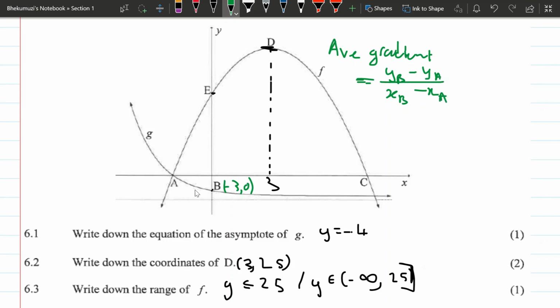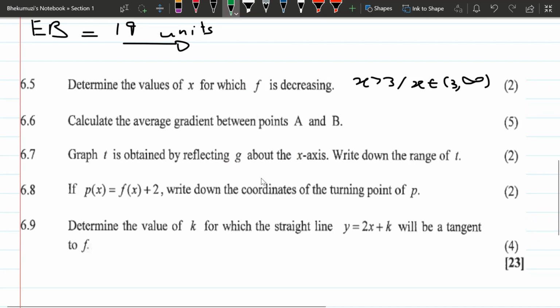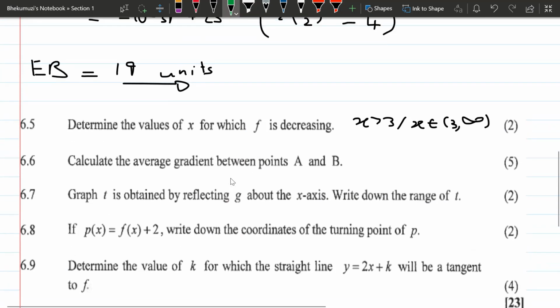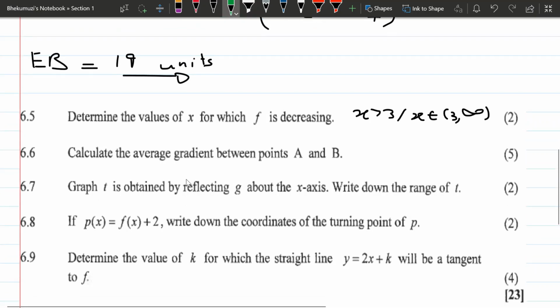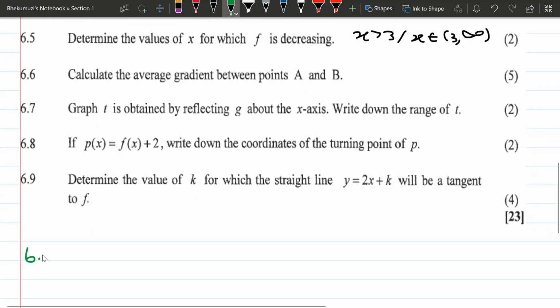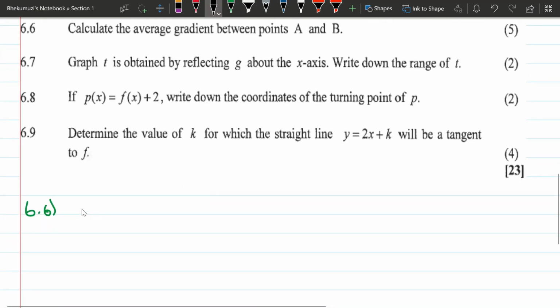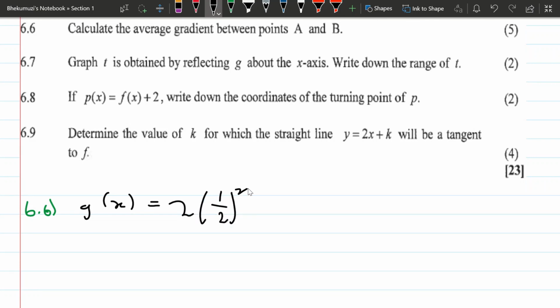Luckily, we do know one thing from this: since A is on the x-axis, that would mean y of a is equal to 0. So basically the first thing we need to do is make y equal to 0. So 6.6 in black. We have g of x equals 2 times 1 over 2 to the power x plus 1, minus 4.